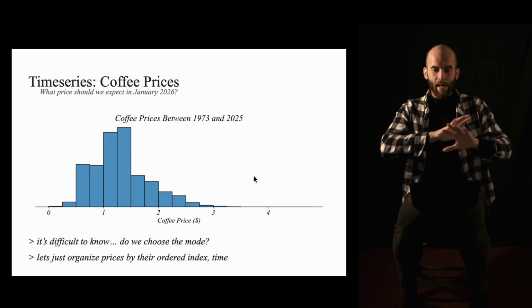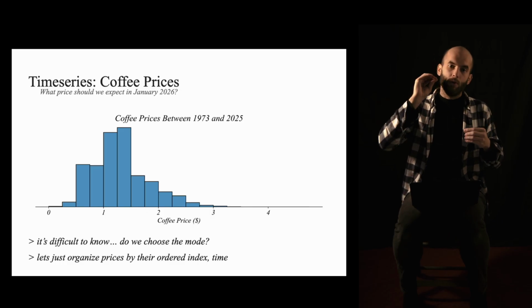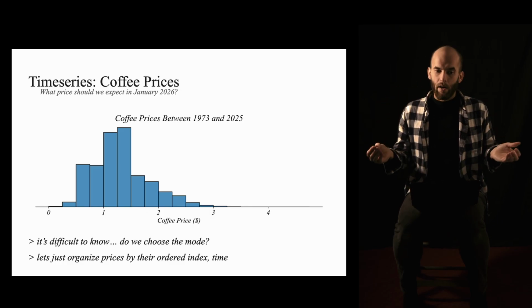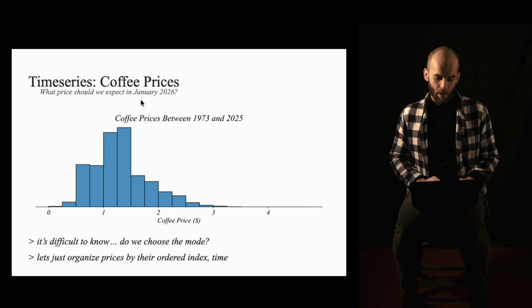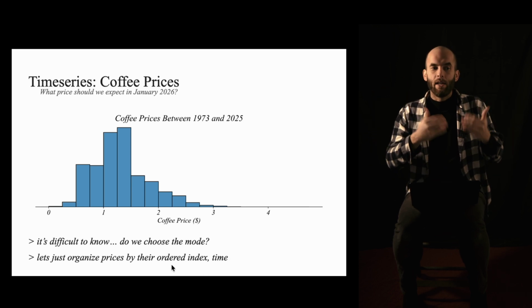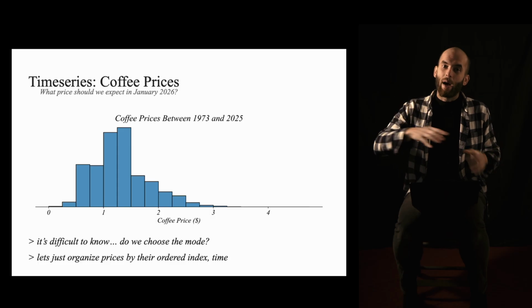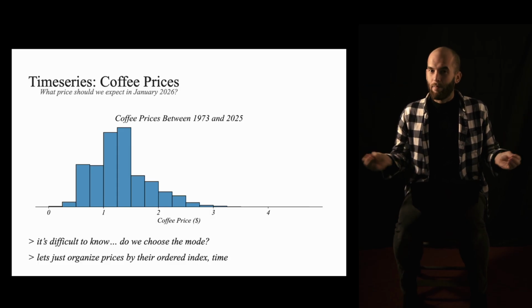But it turns out we have more information in our data set that we could use to guide our question, and that's the ordered index. So we have not just an entity index like we do when we look at cross-sectional data, but we also have an ordered index through time.